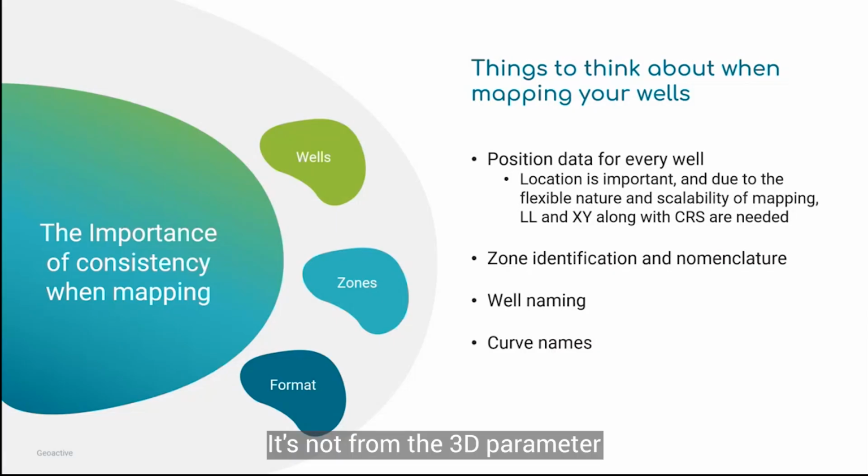From the 3D parameter point of view, it's not going to be able to go from your phi E curve, your phi Z curve, your phi T curve, and your phi B curve. All of those different names, obviously a couple of those aren't real, but those could be in IP, absolutely present.